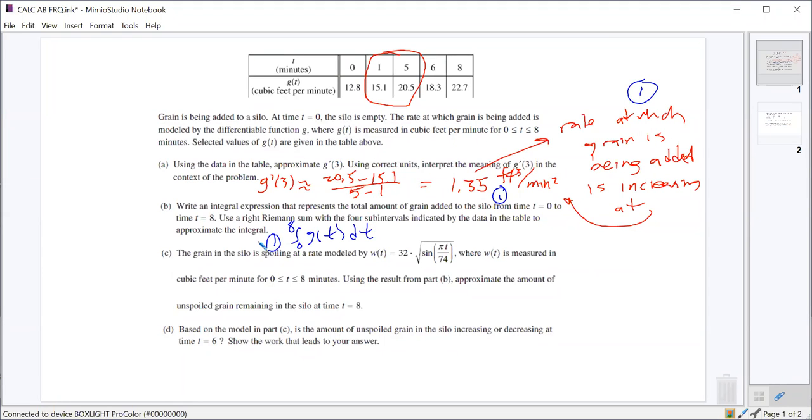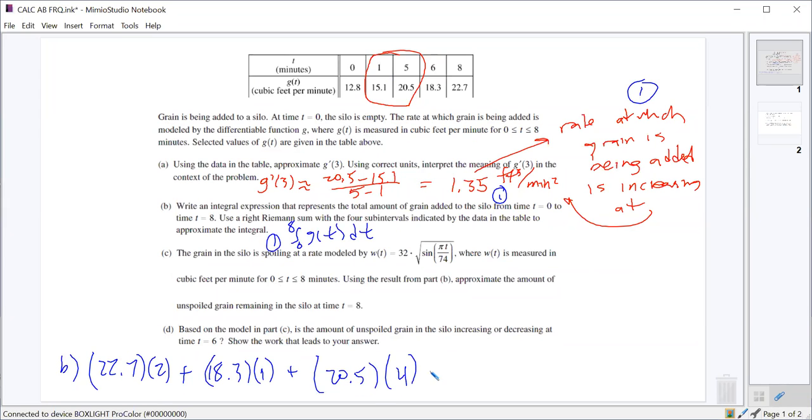And then we're going to approximate that using a right Riemann sum with 4 subintervals. So it'll be 22.7, the furthest right, times the length of that subinterval, which is 2. And then plus 18.3 times the length of that subinterval, which is 1. And then 20.5 times the length of that subinterval, which is 4.